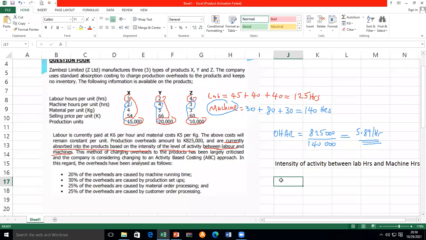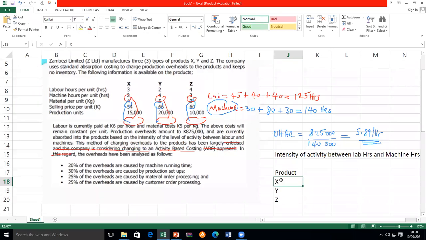Okay, so we say, this is how we decided. We had products X, Y, and Z. The number of units is 15, 20, and 10.